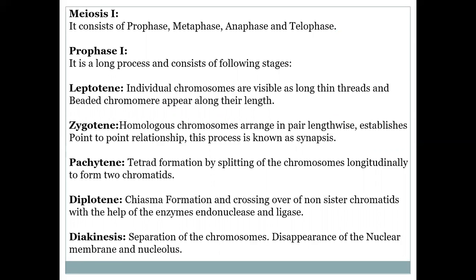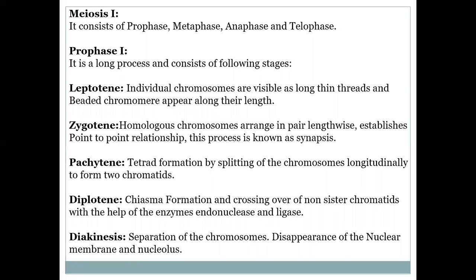Now, prophase 1 in case of meiosis. Meiosis prophase 1 is important for the exam. I already discussed meiosis 1 prophase. Prophase 1 has a few stages: leptotene, zygotene, pachytene, diplotene, diakinesis.